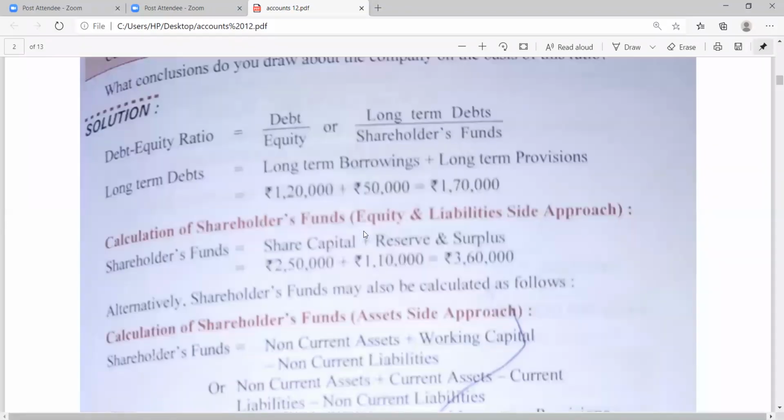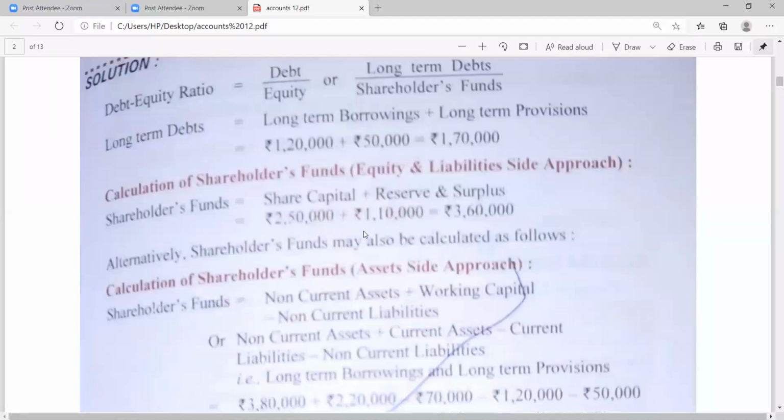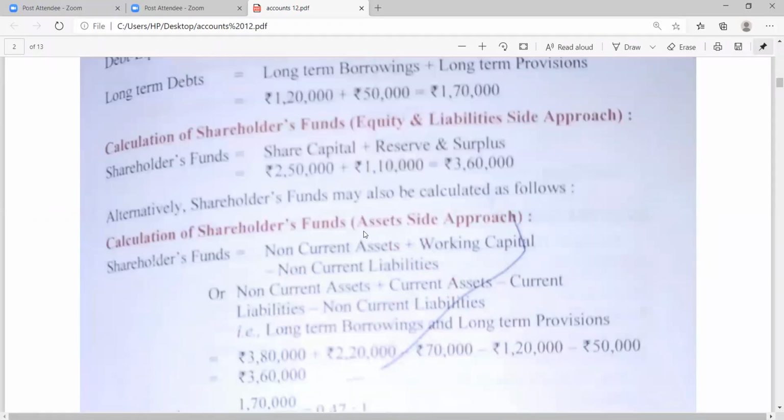When we calculate the net worth, or the shareholder fund, from the liability side, it will be share capital plus reserve and surplus. Alternatively, you can calculate with the help of assets as well: non-current assets plus working capital minus non-current liabilities is also our shareholder fund. Whatever information is given to you, you have to apply the formula accordingly.